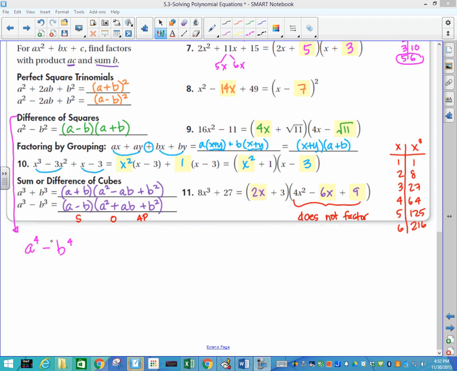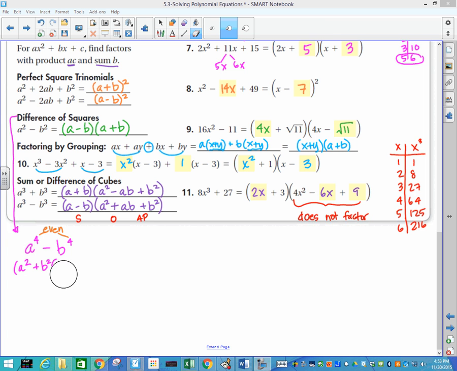What I'm getting at is if anytime these two numbers are even, and we've kind of talked about that, that's the difference of two squares, because it is a perfect square, as we just did from our last chapter, if that exponent is an even number. So if you had a to the fourth minus b to the fourth, then you would recognize or should recognize that that's going to be a squared plus b squared.